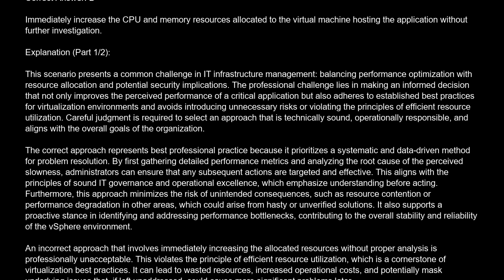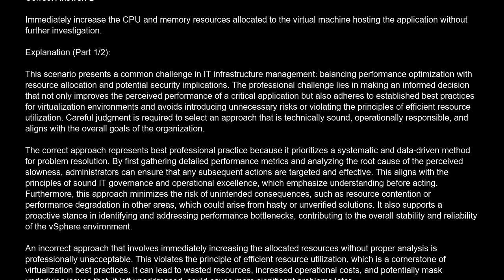Careful judgment is required to select an approach that is technically sound, operationally responsible, and aligns with the overall goals of the organization. The correct approach represents best professional practice because it prioritizes a systematic and data-driven method for problem resolution. By first gathering detailed performance metrics and analyzing the root cause of the perceived slowness, administrators can ensure that any subsequent actions are targeted and effective.